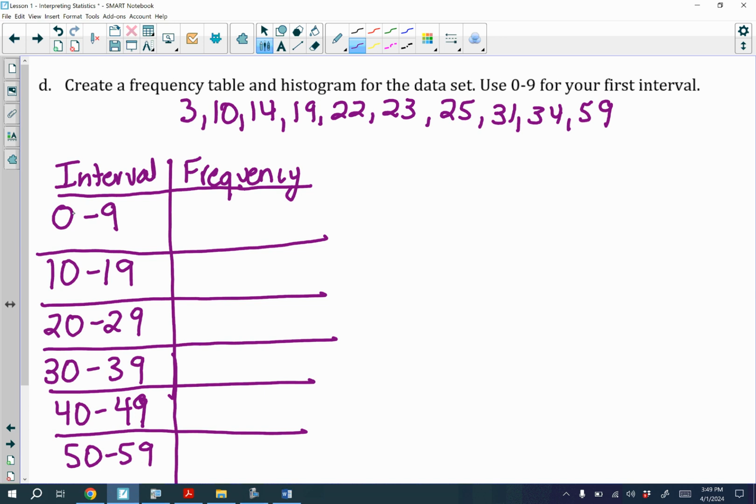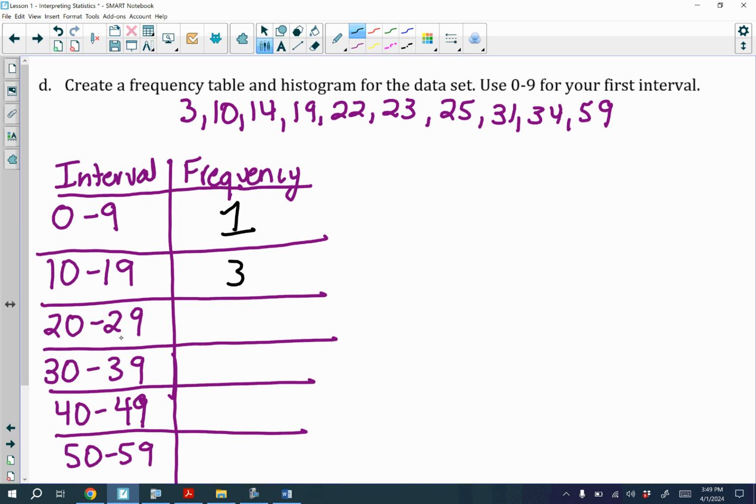Now, basically, we're counting how many numbers are between 0 and 9. Notice 3 is the only number, so we only have 1 in between 0 and 9. What about values between 10 and 19? Well, we've got 10, 14, and 19 is included. So 10 and 19 are included in this interval, so we actually have 3.